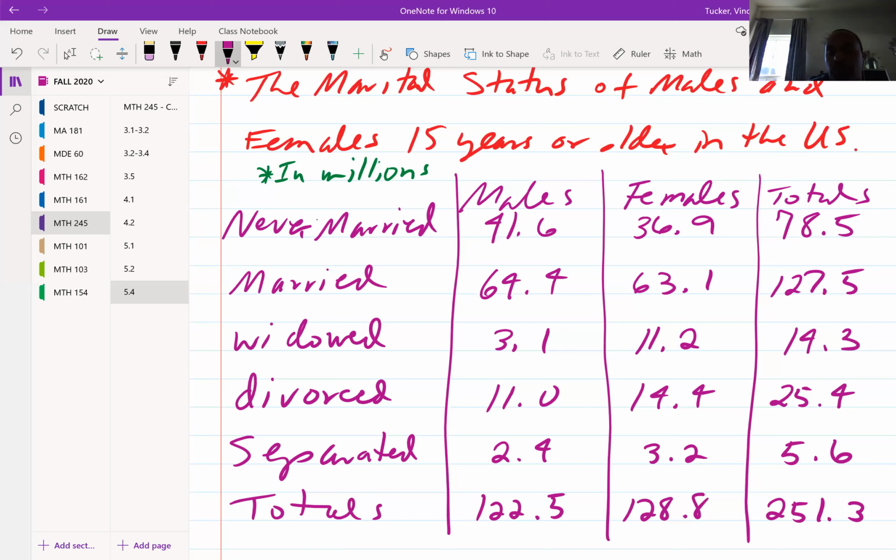And then the totals of never married, married, widowed, divorced, separated would be 78.5, 127.5, 14.3, 25.4, 5.6, and 251.3. So we're going to use these values to answer the next questions.